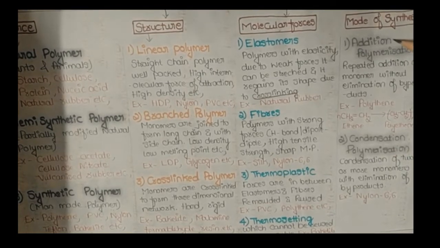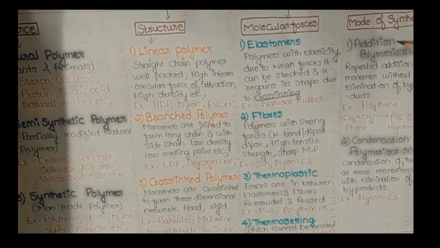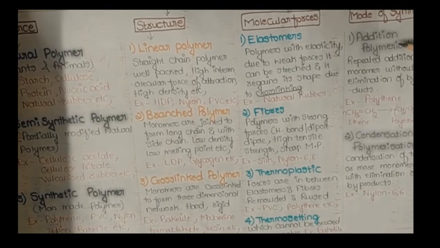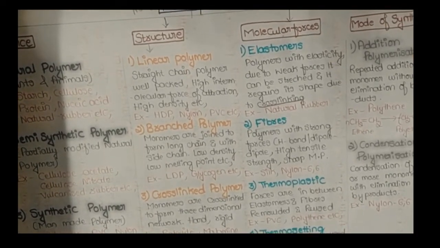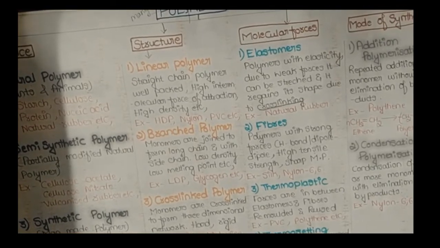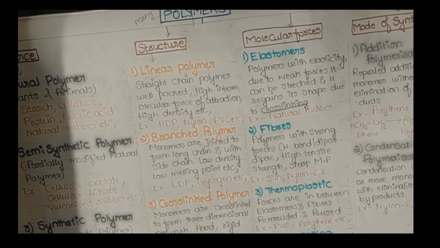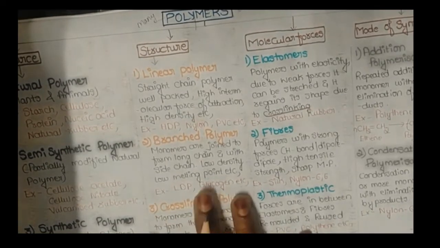Addition polymerization, I hope you know that you might have heard about addition reactions, which are highly characteristic of unsaturated systems or unsaturated substrates. The same concept is applied here. Addition polymerization can happen with those monomers which have unsaturation.